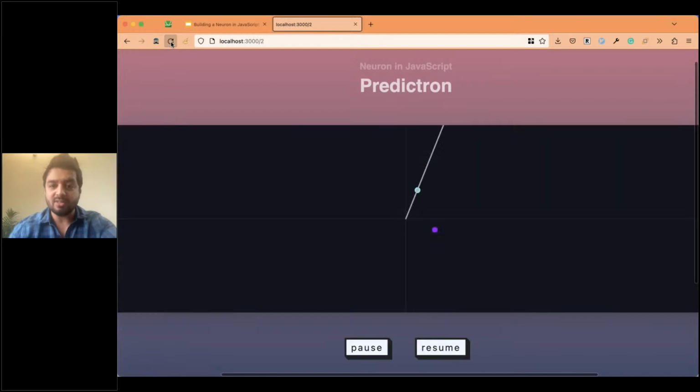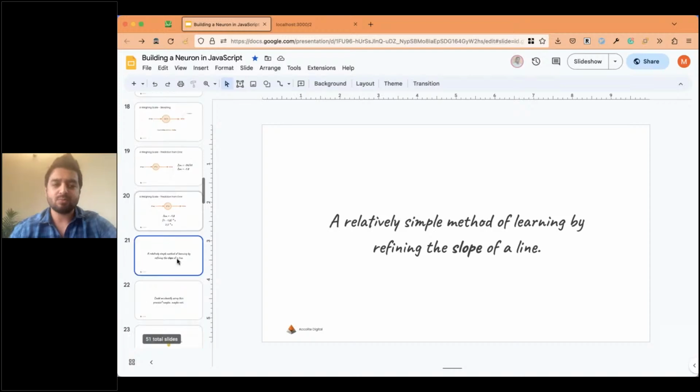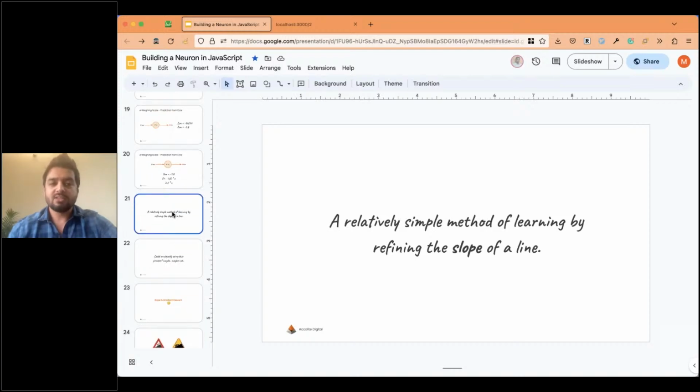Every time I reload this, the guess is going to change. But the way we have calculated delta m, by dividing the error by the input, in one step we get to the answer. This is somewhat related to how it is used in linear regression. So now let's quickly move on to it.